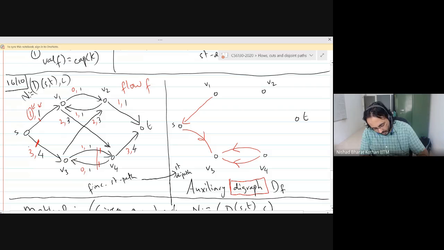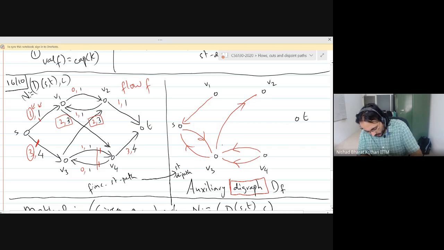Because it is a positive number, we can also put the reverse arc. Okay? Good. So this is the case with any arc where the flow is positive and is less than the capacity. So that is also the case here. In both of these cases, we will have both possible arcs.